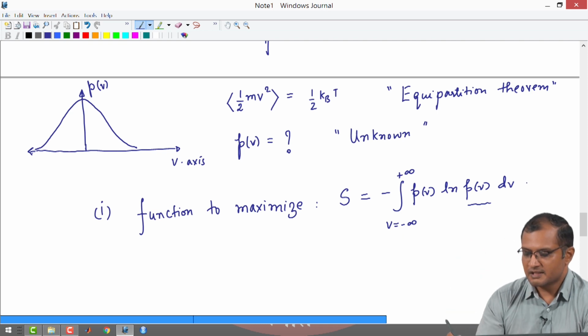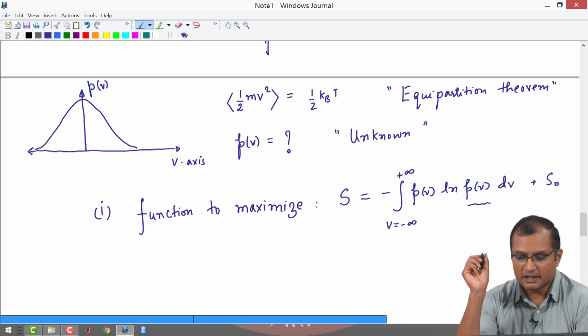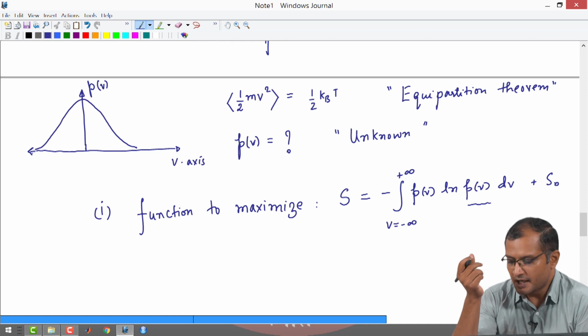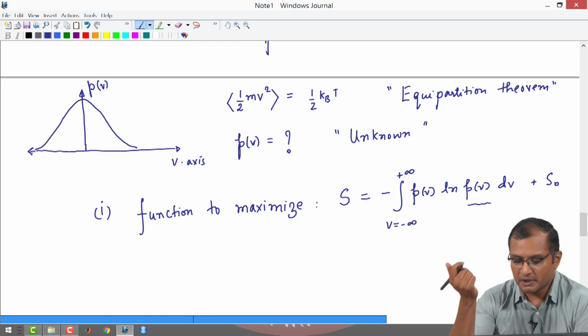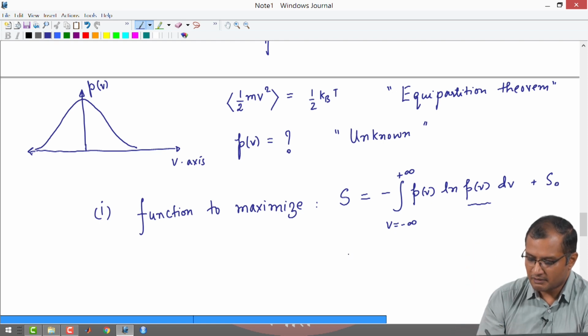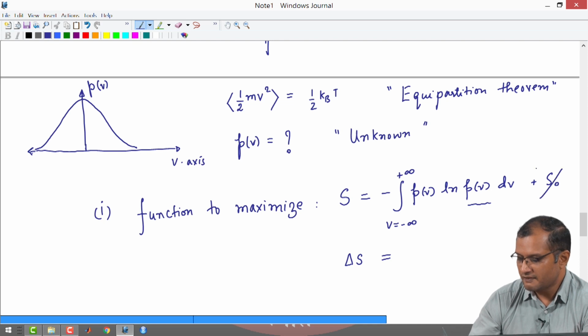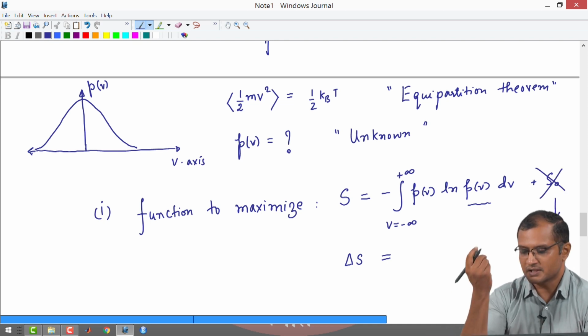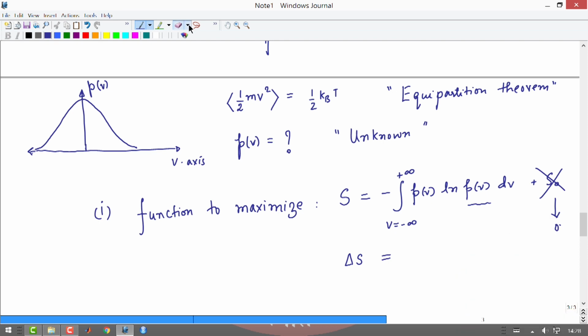This non-dimensionalization leads to a constant in the entropy that I have conveniently taken to be 0, because at the end of the day I do not require exact values of entropy, I require the change in entropy. So, for any practical purpose, when you take delta S, this factor simply goes to 0 because it is just a constant. I am not writing it, but I am aware that this p of v is non-dimensional.